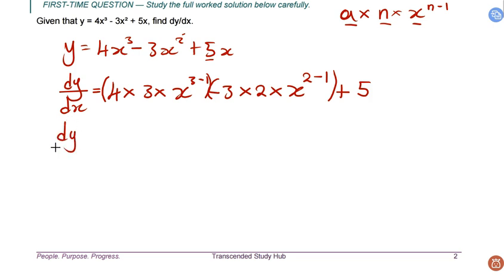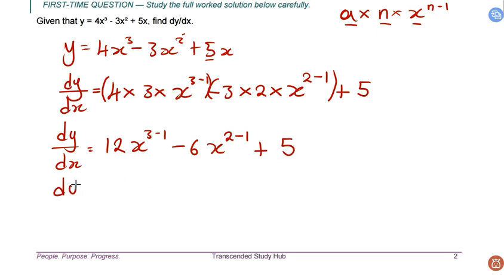So our dy over dx will be equal to, now remember, to be 4 times 3, that will be a 12. Now 12 times x to the power 3 minus a 1. Here to be negative 3 times 2 times x, so it will be negative 3 times 2, which is negative 6. Negative 6 times x, that will be x to the power 2 minus a 1 plus a 5 there.